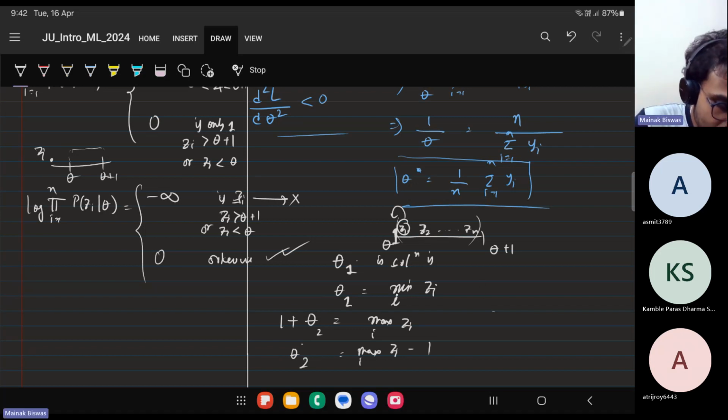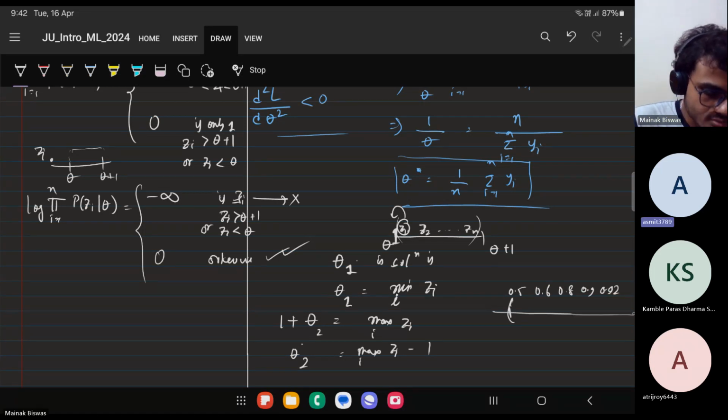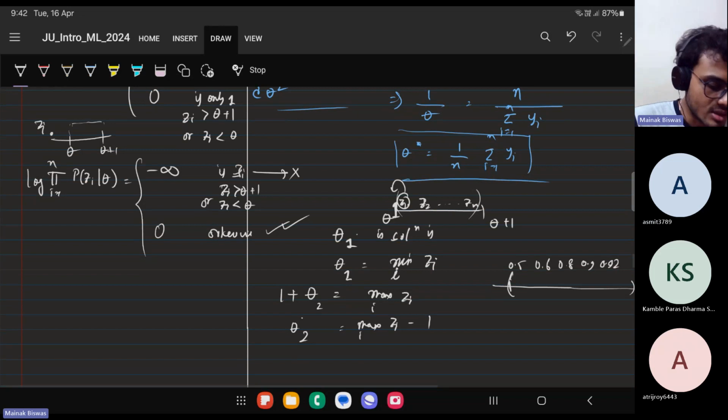So let me just draw this. Say, for example, your data was 0.5, 0.6, 0.8, 0.9, 0.92. What is the theta 2, theta 1 here? 0.5, right? So do you agree?